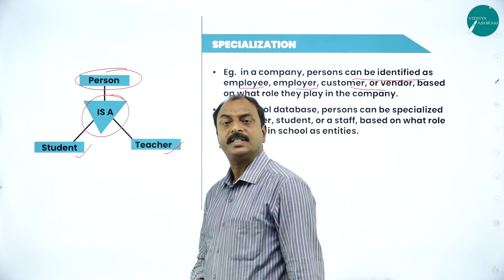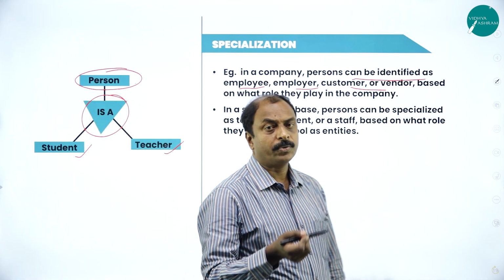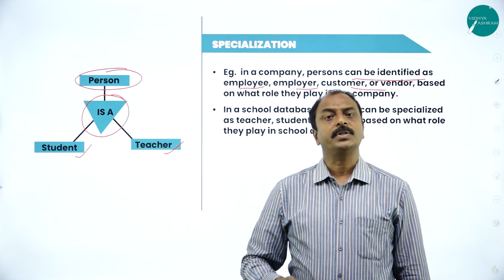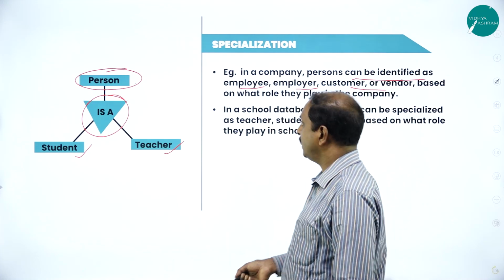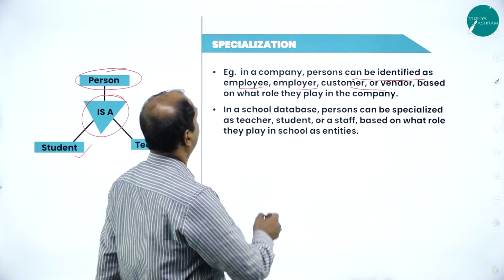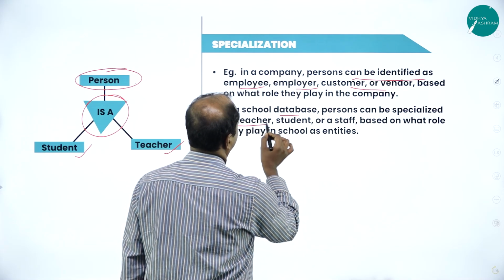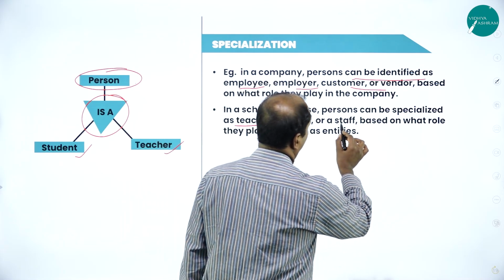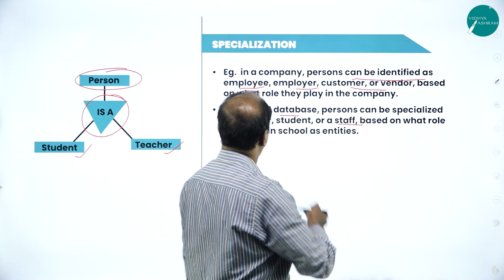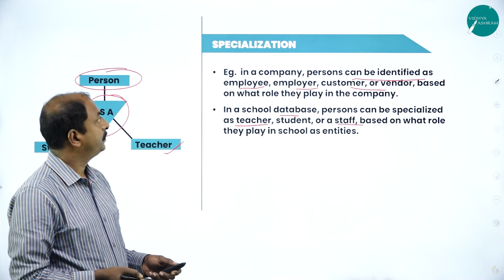All these are the same person. One person can play a dual role, or take more than one responsibility. That is specialization. Another example, in a school database, a person can specialize as a teacher, a student or a staff member. This is another example of specialization.